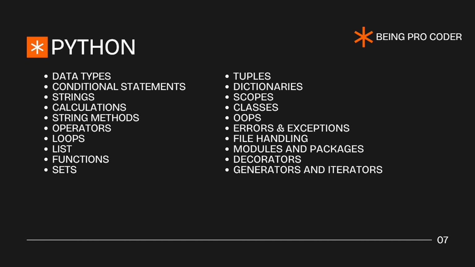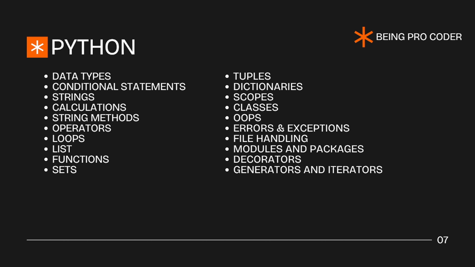Sets are an unordered collection of unique items. Tuples are immutable ordered collections of items. Dictionaries are also a very important topic in Python, with key value pairs for storing the data. Scopes define the visibility and the lifetime of a variable, such as function scope, block scope or global scope.